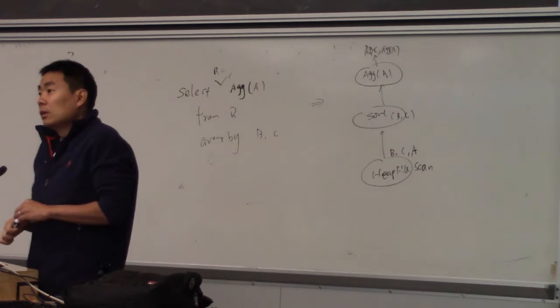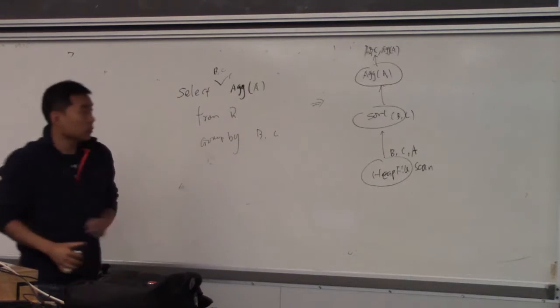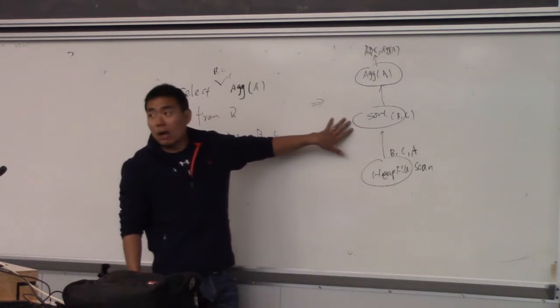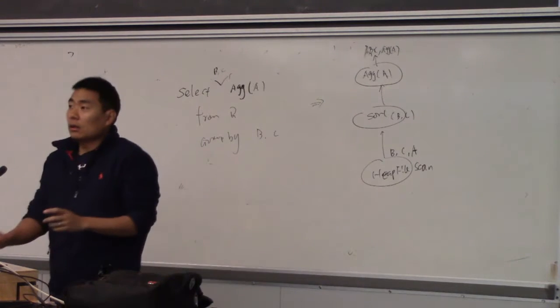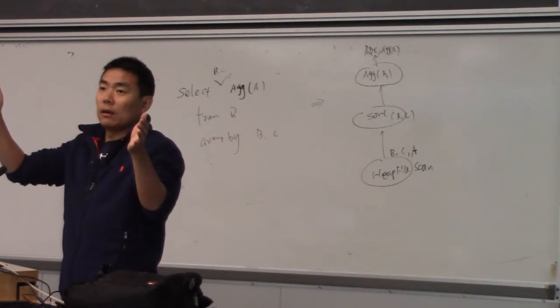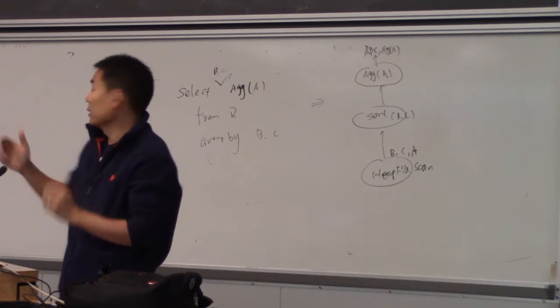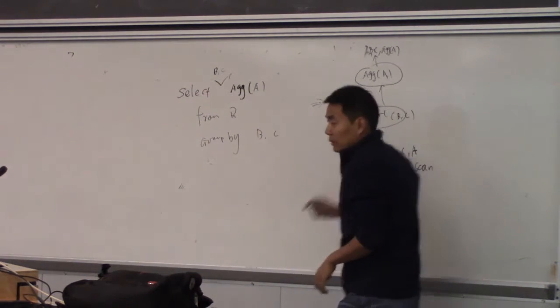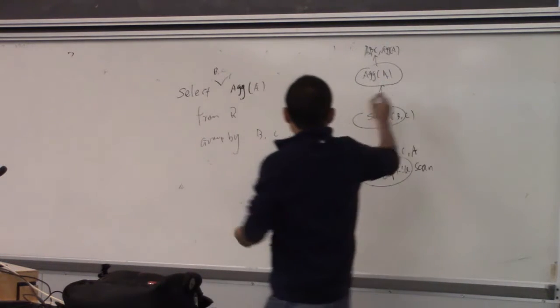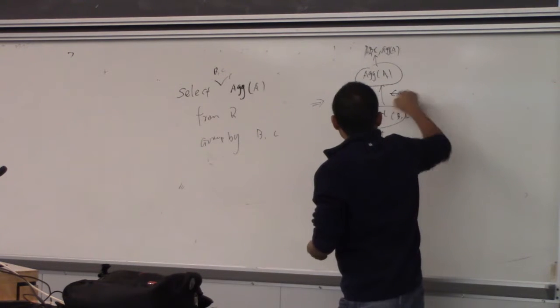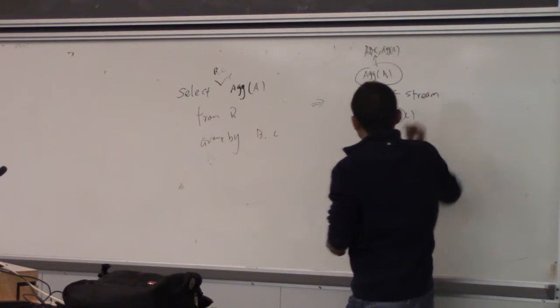okay. So why does this work for this query? Because once you are done with the sorting, all the elements for a particular group appear consecutively in this stream. If you view this as a stream, right?